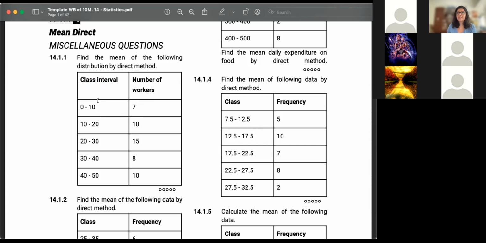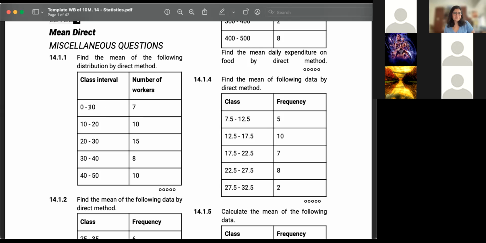We are thinking, okay, maybe it's around 5, and that's why we're taking 5 into 7 and then calculating it. But the reality could be that out of 7, 3 of them might be around 1, and then one person might have 2, and then 3 of them might have 6.